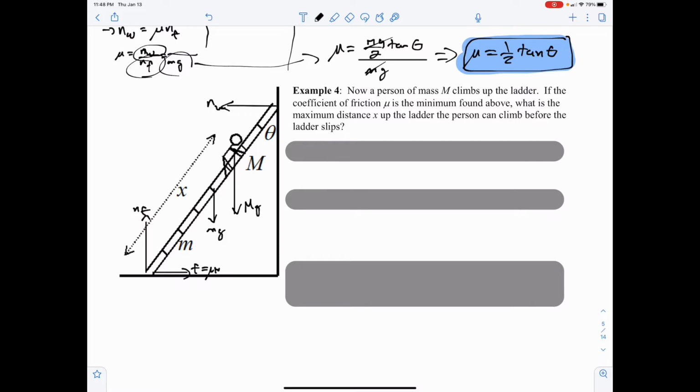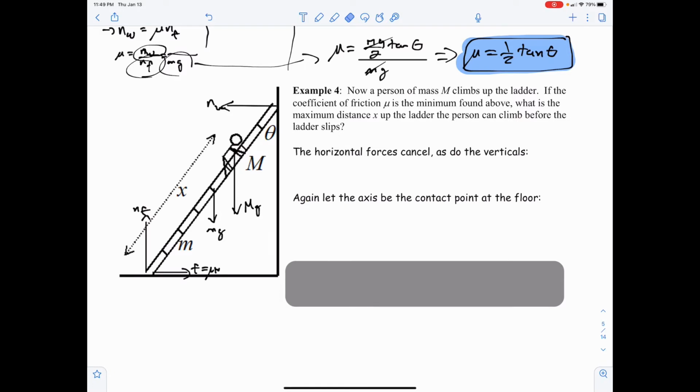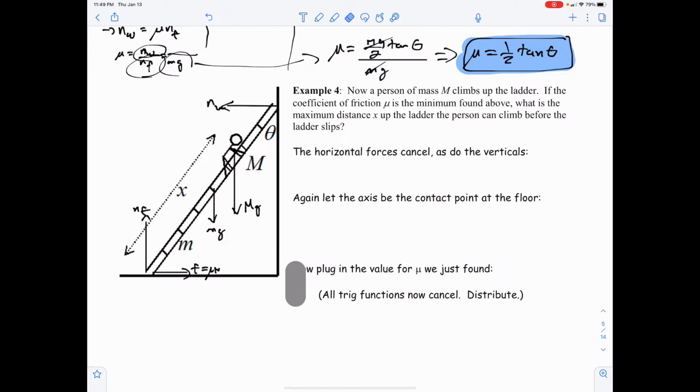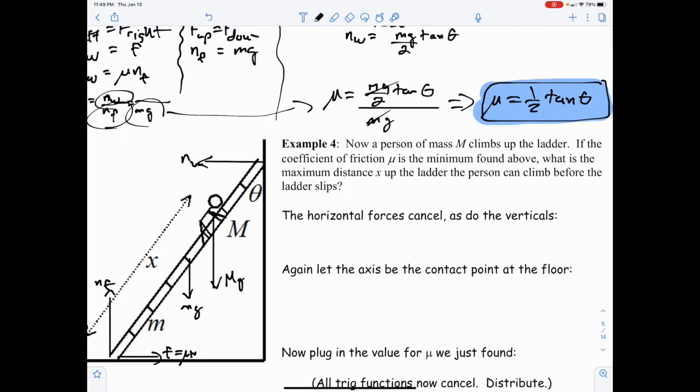Again, horizontal forces cancel. Let's do the verticals. And again, we're going to make the contact point on the floor be the axis of rotation. Don't forget to plug in the value of mu that we just found. So here it goes. Horizontal forces: friction going to the right is going to balance the normal force from the wall going to the left.